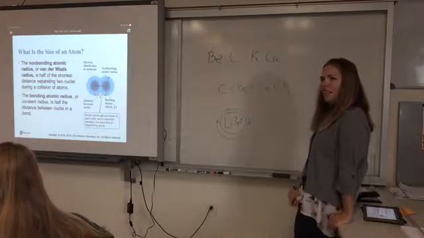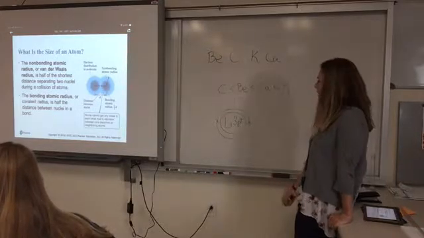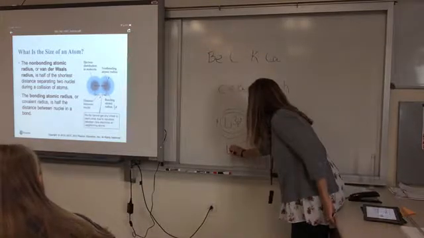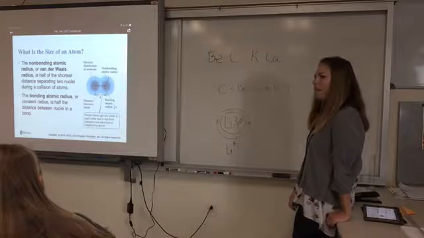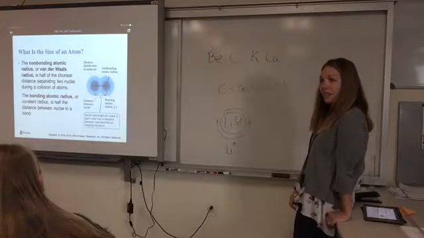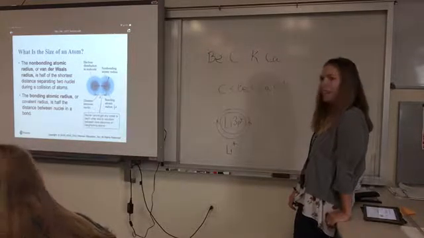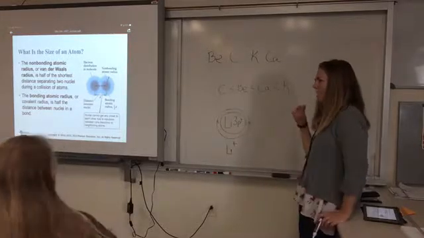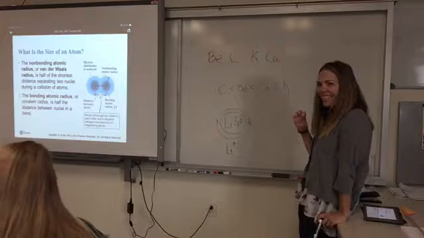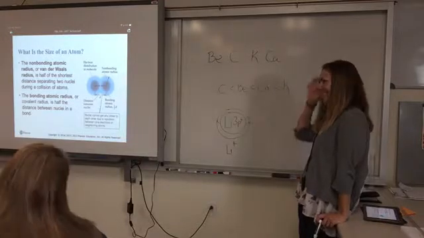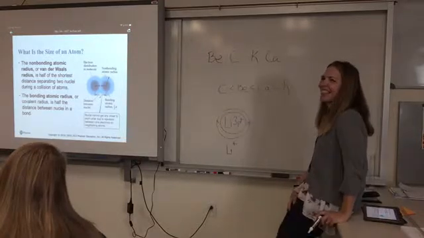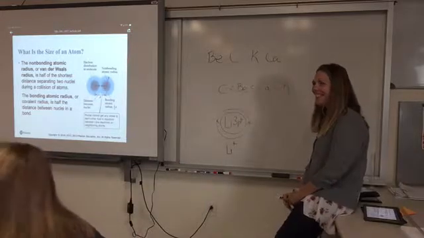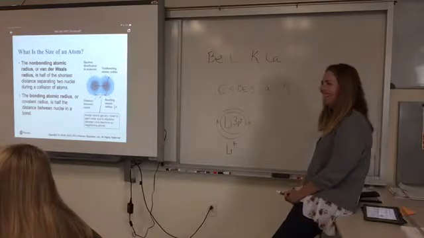What type of charge does lithium have now? It has a positive charge. And what type of ion is that? A cation. How do you know? Because it's positive. Cations are positive. I know it's awkward, but you'll remember.